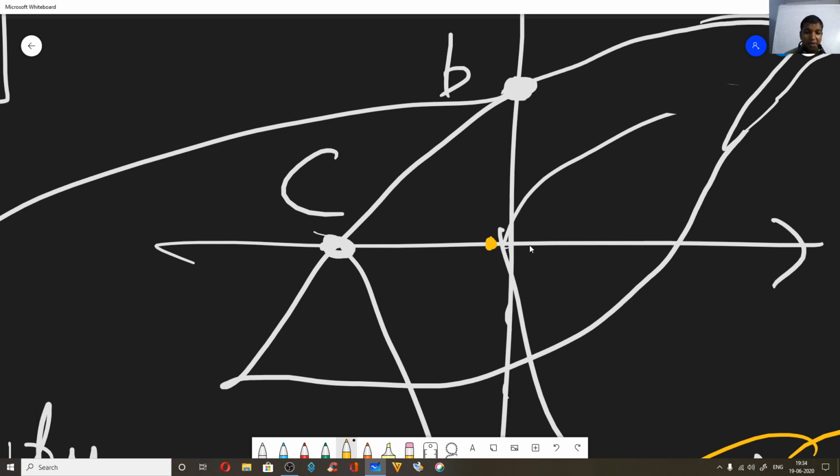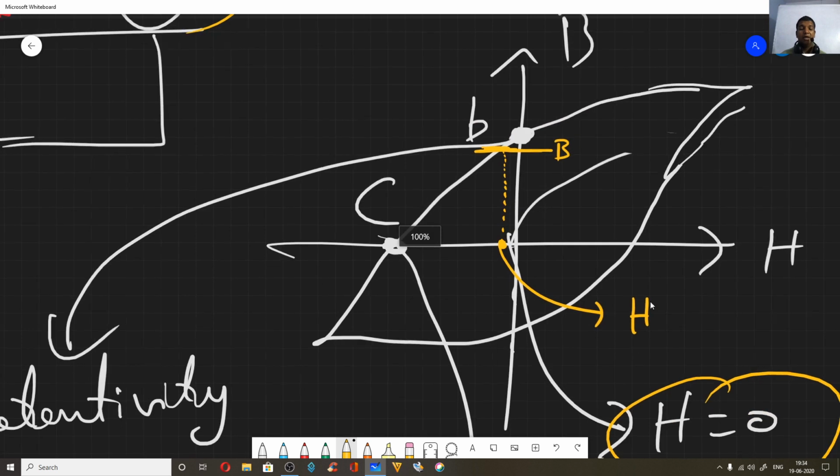When you reach that point, you will see that you still have some magnetic field, correct? So this point represents the magnetic intensity due to the Earth's magnetic field. Just for an example I told, all right, fine.